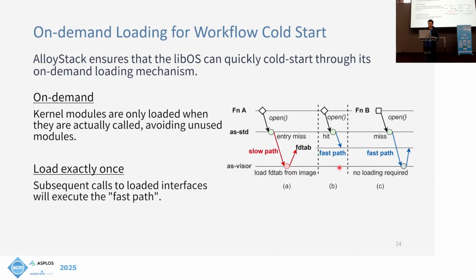After the FT tab is loaded, ASSTD records the address entry for open, and as a result, later invocations of open by A do not trigger any entry miss. This can also be applied to another function in the same workflow.